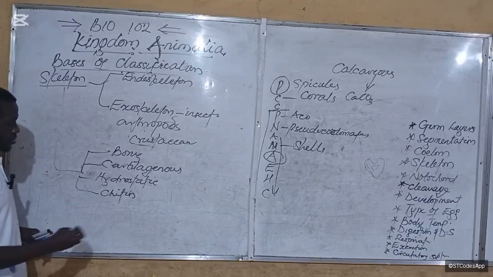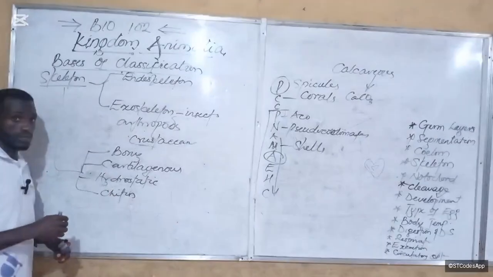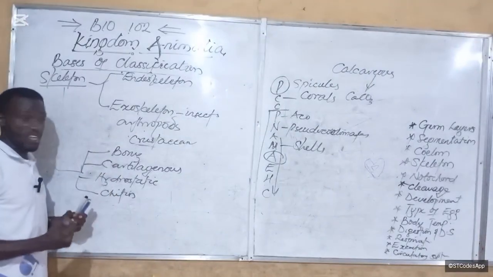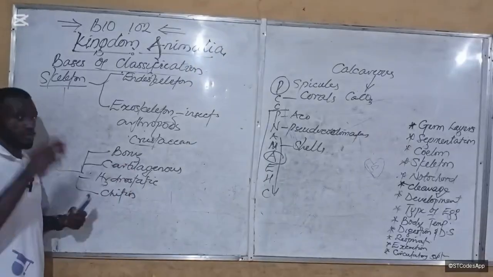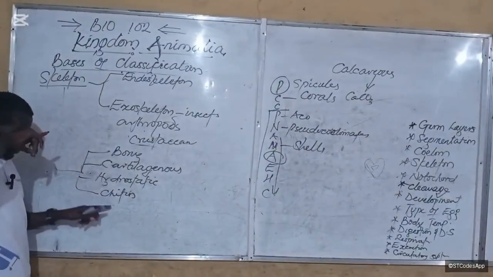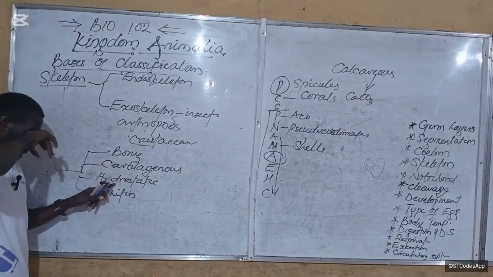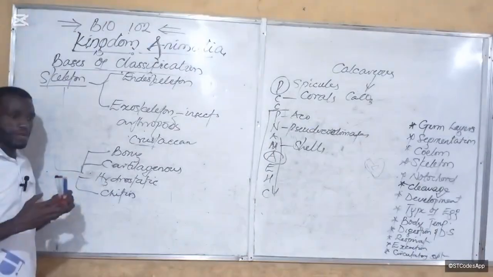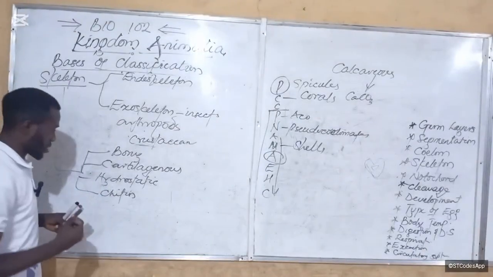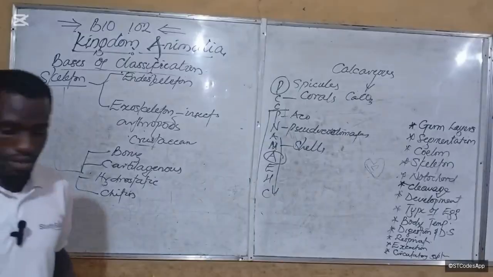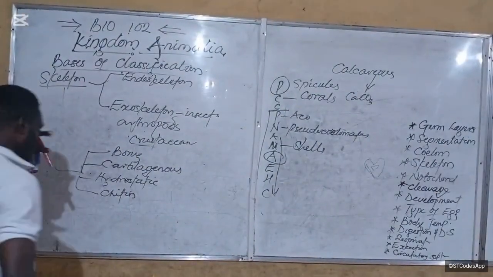So bony is made of bone, cartilaginous made of cartilage, this one made of chitin, then hydrostatic is just made of fluid, okay? All right, so those are the classifications.